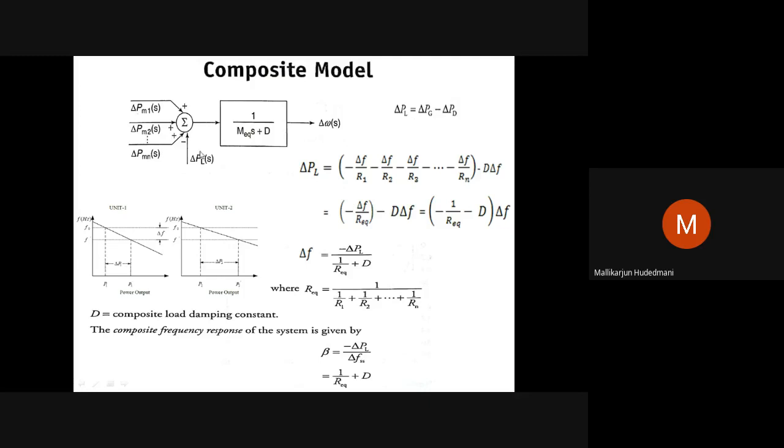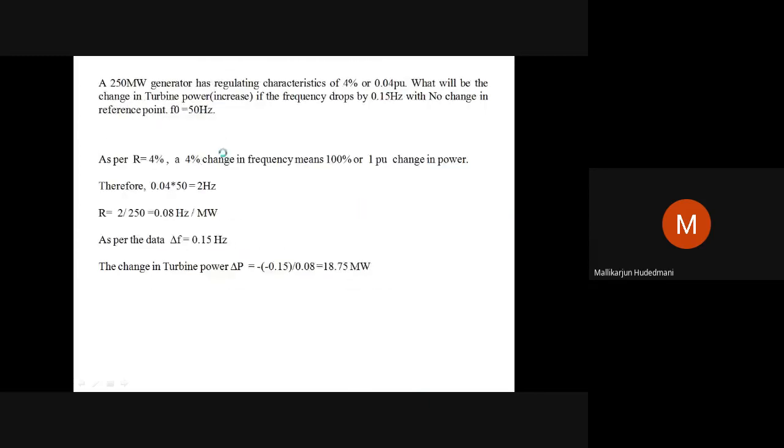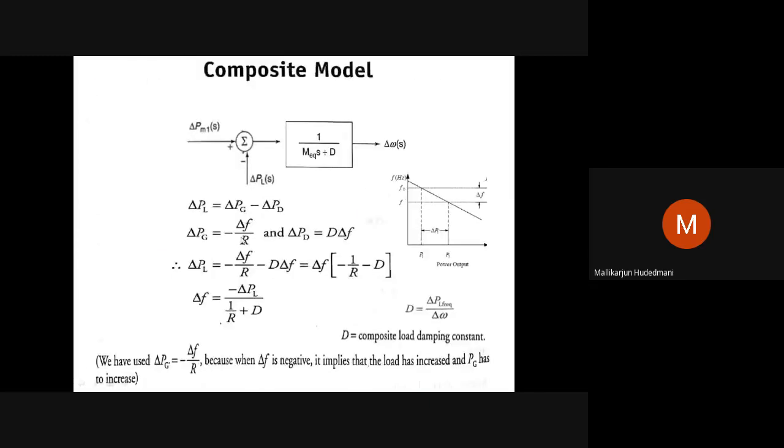For that again, for any change in load, we can see what is the generation, what is the demand here. Then I can write this change in load shared by each generator like the earlier equation. Can you see here what I did here? This delta PL, which is equal to delta F by R, when only one generator was there.